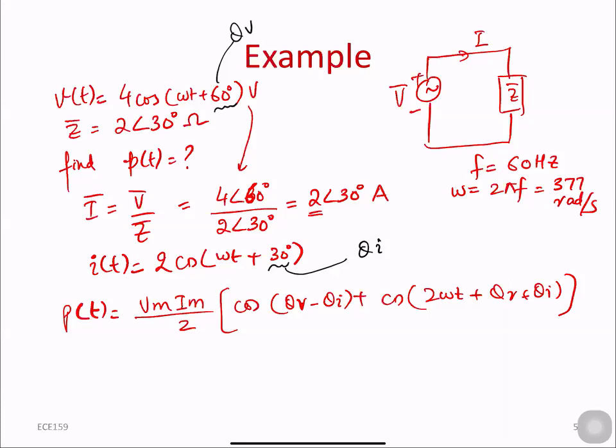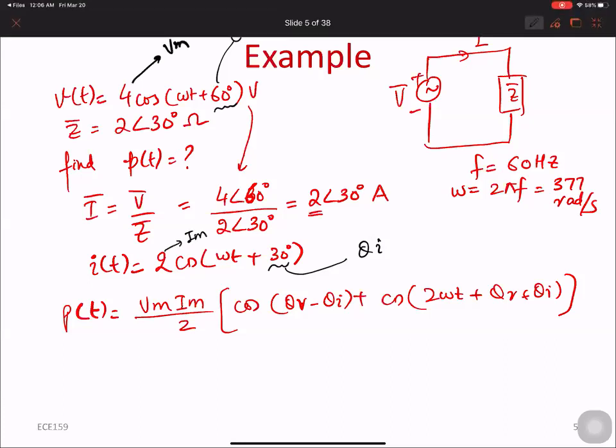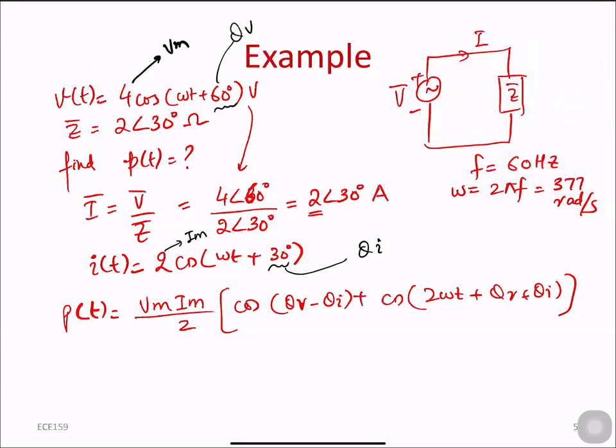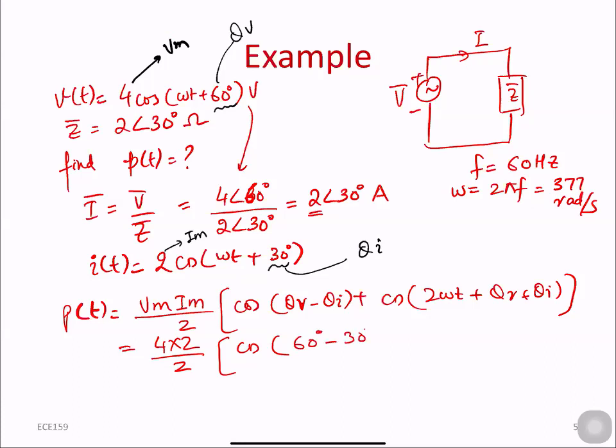What is Vm? This is Vm. This is Im, the peak amplitude of voltage and currents. So I will insert these values here. 4 times 2 divided by 2, which is 4. Cos of theta of V, which is 60 degrees minus 30 degrees, plus cos of 2 omega t, we already know omega value as well, plus 60 plus 30 degrees.